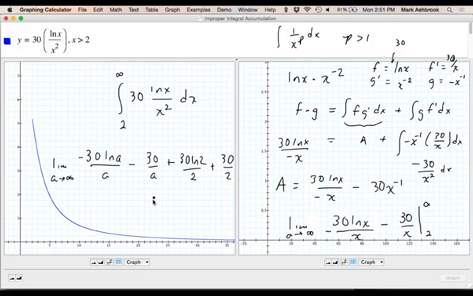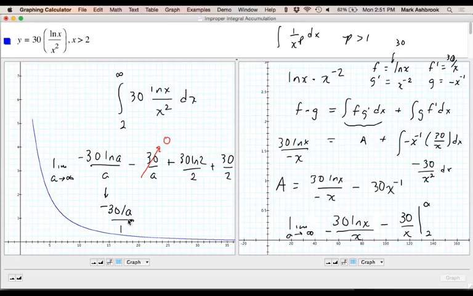Okay, so now we can evaluate the limit. This thing goes to 0. This doesn't care what a does, it's just itself. Okay, this one is L'Hopital's rule, because natural log of a goes to infinity, a goes to infinity, so we can rewrite this one as negative 30 over a over 1.